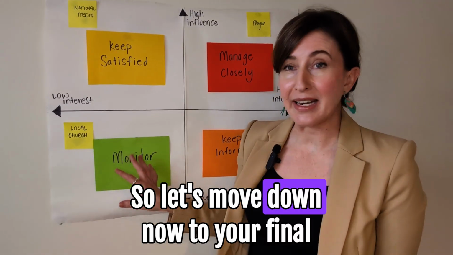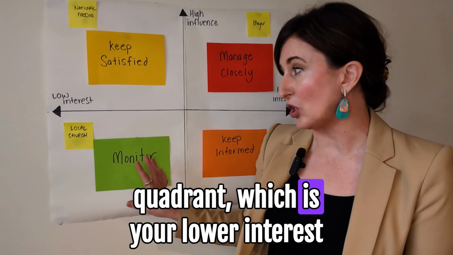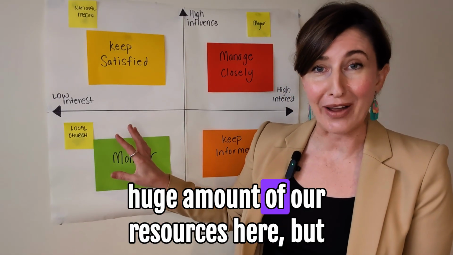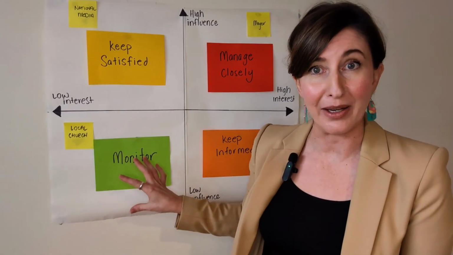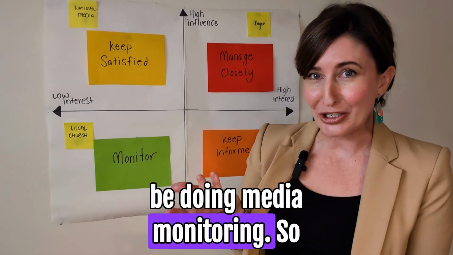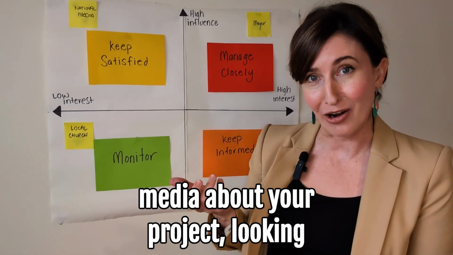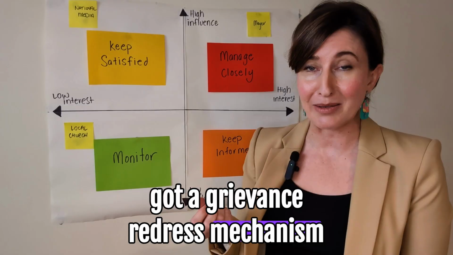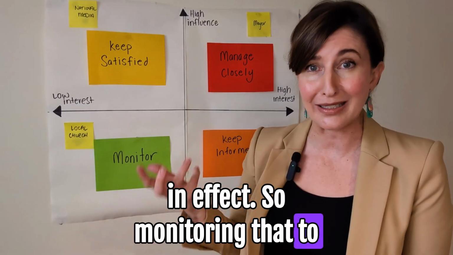So let's move down now to your final quadrant, which is your lower interest and lower influence group. This group, we're not going to spend a huge amount of our resources here, but we're going to keep an eye on that, basically. Keep an eye on this stakeholder group. So things that you can do, you might be doing media monitoring, so seeing what's coming up in the media about your project, looking through what's coming in if you've got a grievance redress mechanism in effect, so monitoring that to see what's coming through.